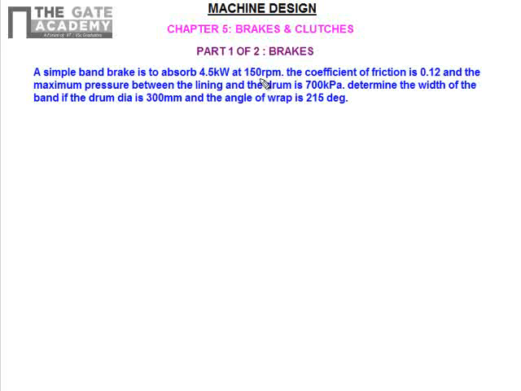The coefficient of friction is given as 0.12, and the maximum pressure between the lining and the drum is 700 kPa. Determine the width of the band if the drum diameter is 300 mm and the angle of wrap is 215 degrees. Before coming to this problem, we will see about the band brakes initially.